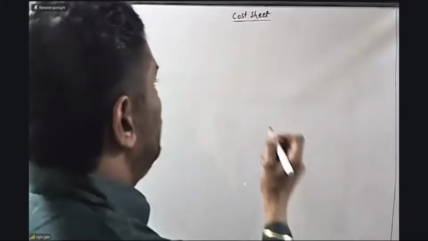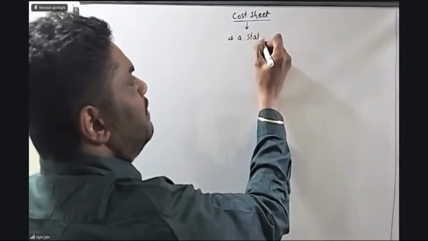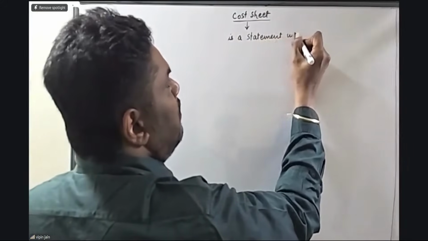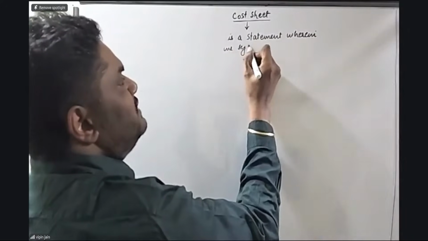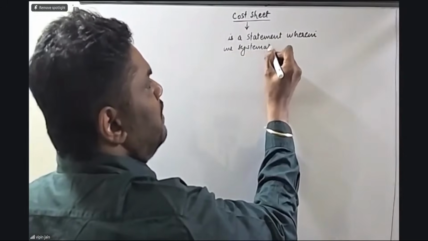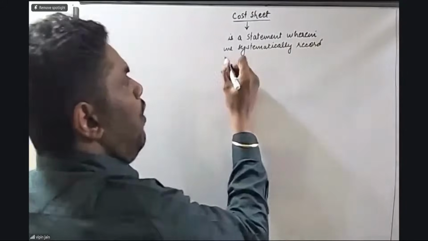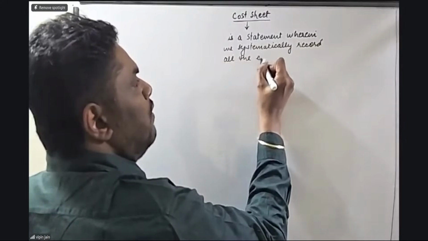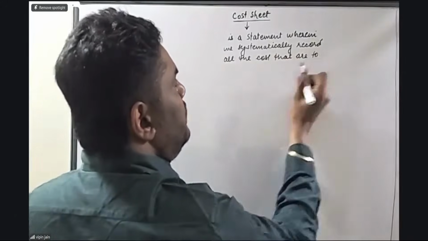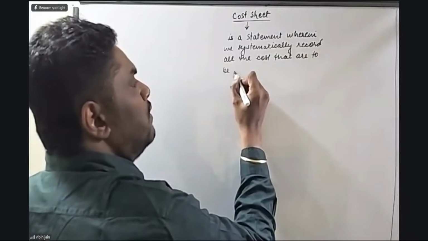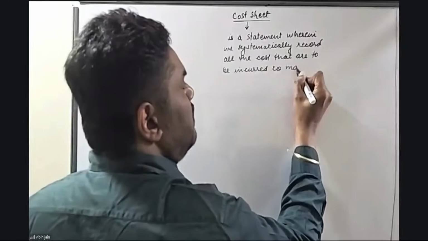So when talking about cost sheet, what is cost sheet? Cost sheet is a statement wherein we systematically record all the costs that are to be incurred to manufacture a product.